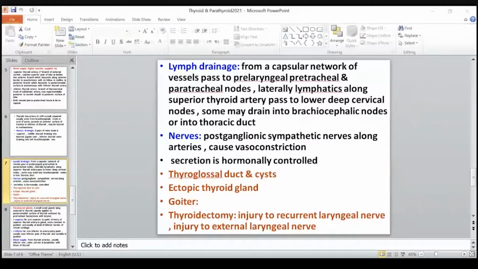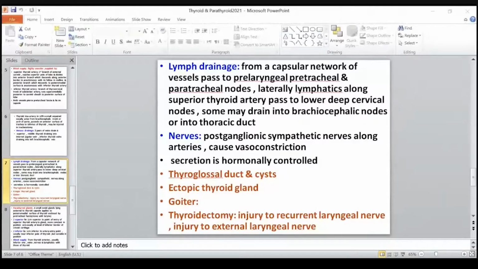It is common in the Kurdistan region, especially in Hawija, and in the Diyala Governorate, where the water doesn't contain a lot of iodine. So we add iodine to table salt or to food salt to prevent this hypothyroid goiter.